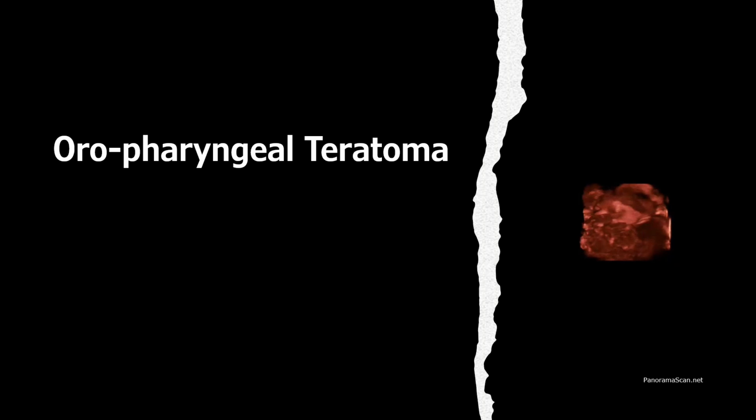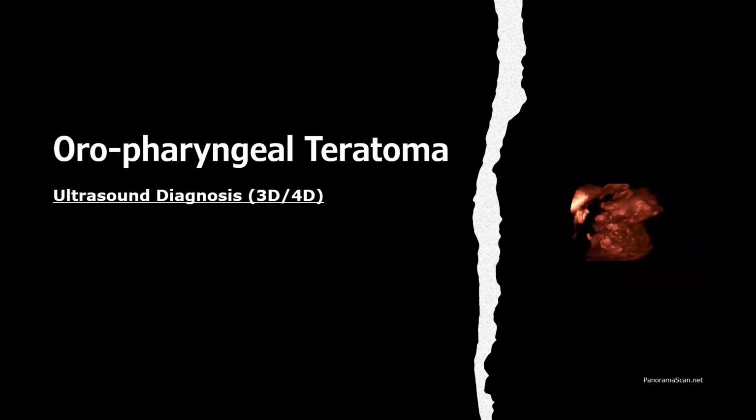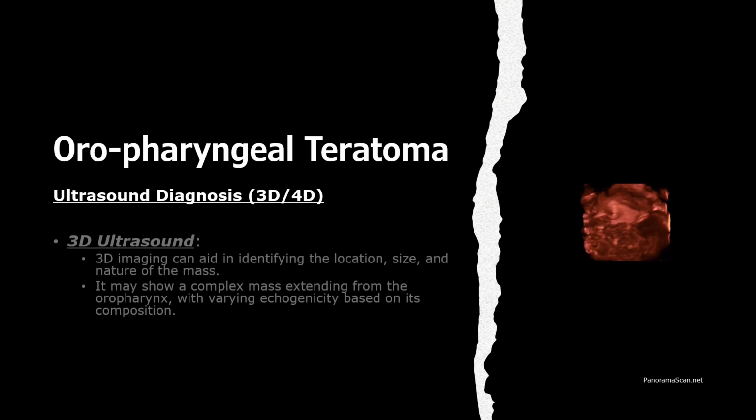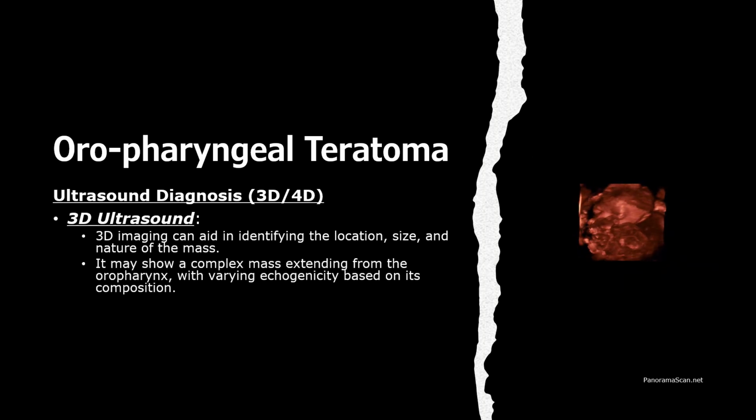Let's explore how 3D and 4D ultrasound are utilized in diagnosing oropharyngeal teratomas. With 3D ultrasound, we can gain valuable insight into the location, size, and nature of the mass.